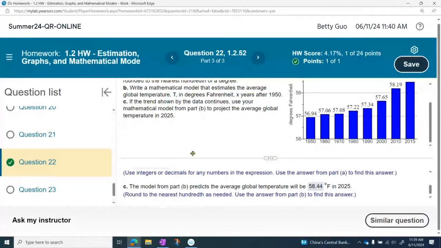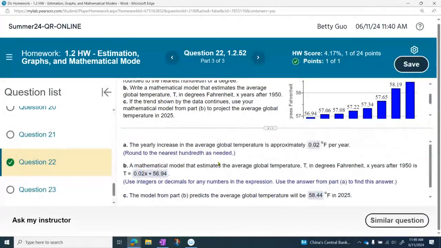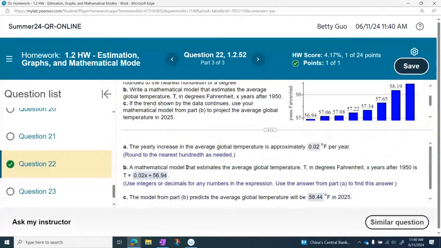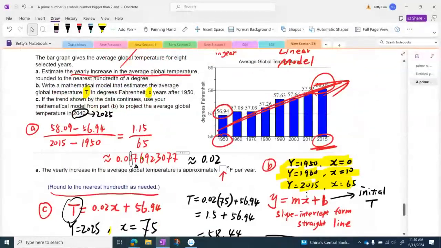In previous semesters, this question was the challenging question for this section. I hope the explanation of the 3 steps could help you. This is actually a very good problem about linear modeling. The trend is a linear increasing pattern.